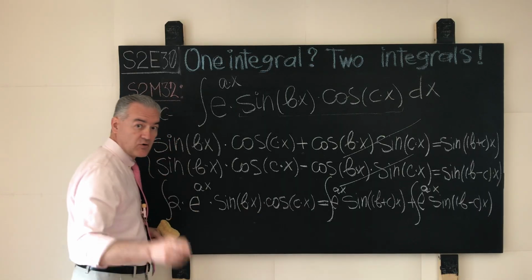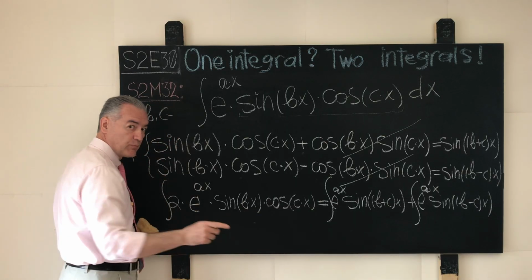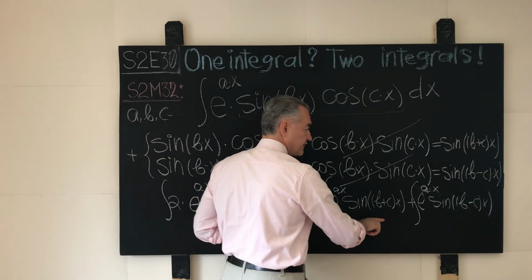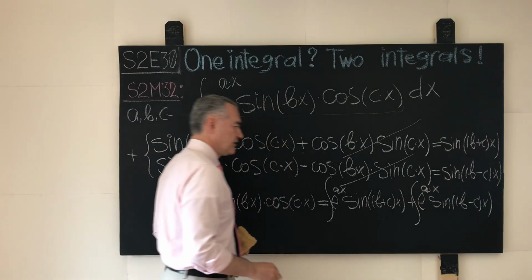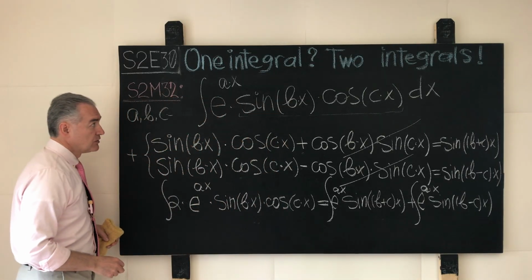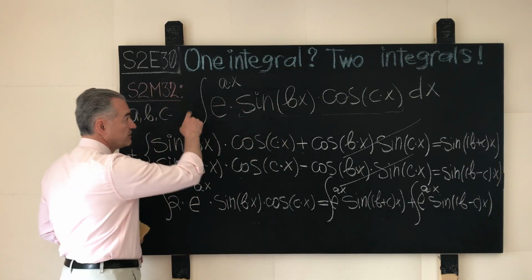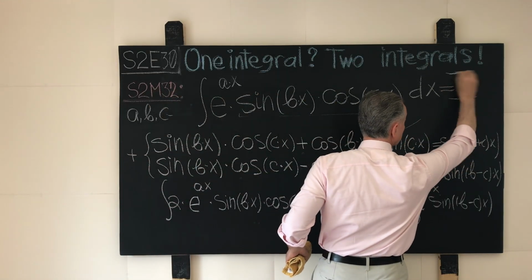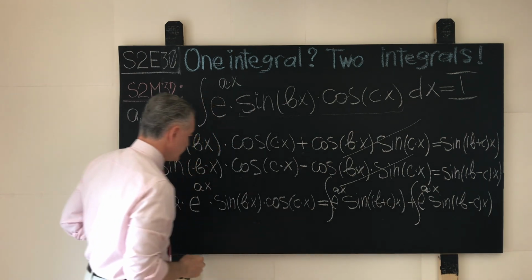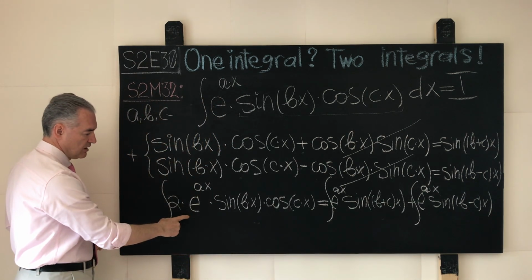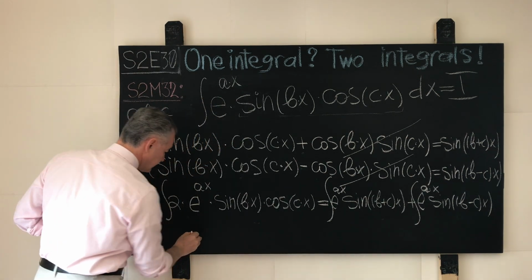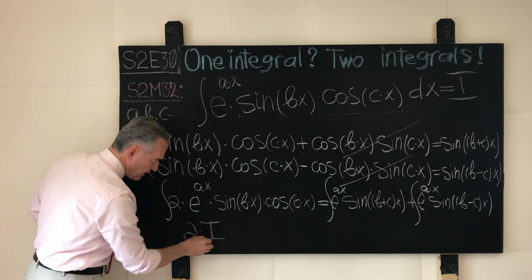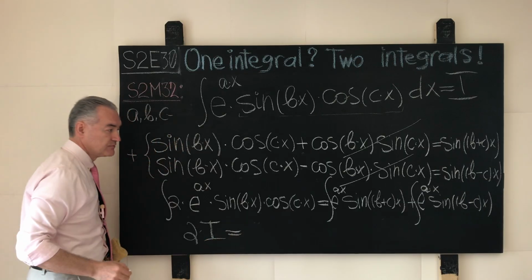I will not write it down, but you see what's going on in your paperwork: dx, dx, dx. And now what do we have? Well, if we designate this integral as I, what do we see now? That twice, let me write it this way, twice the integral I is what?